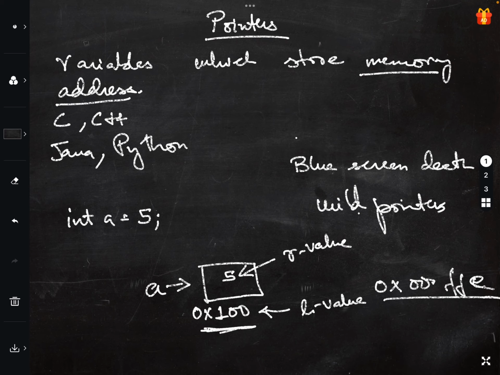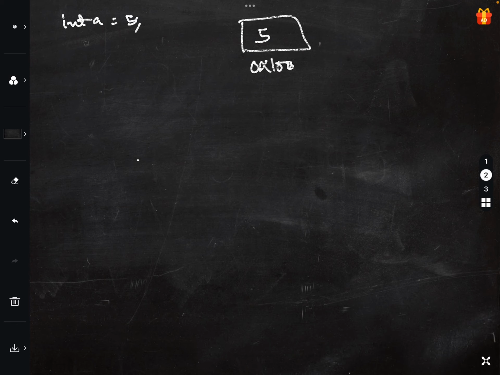Now what exactly are these? Coming back to that line again, int a = 5. In the pictorial representation, 5 is stored at 0x100. We represent a hexadecimal number by starting with 0x. This doesn't form part of the number, it is just to represent that this is a hexadecimal number.